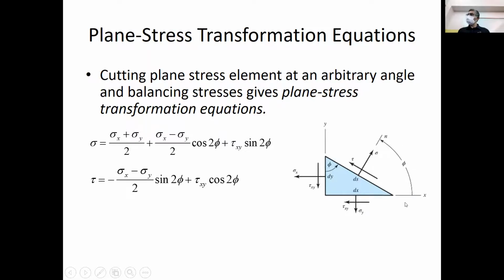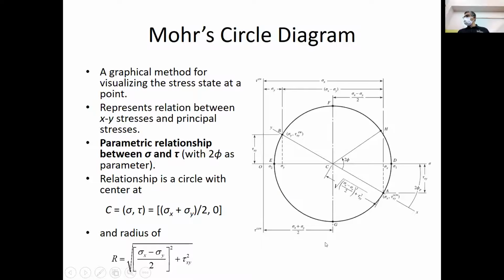On Mohr circle, I would go in the same direction, but instead of going an angle phi, I would go an angle 2 phi to find that same stress. So here on Mohr circle, you see I'm going an angle 2 phi, and this point H represents sigma n and tau n that we could have also found using the transformation equations.